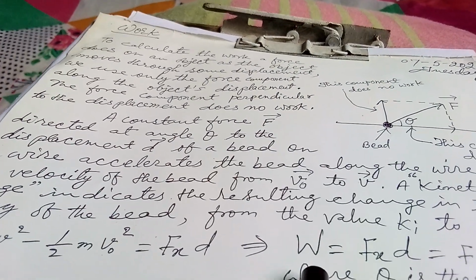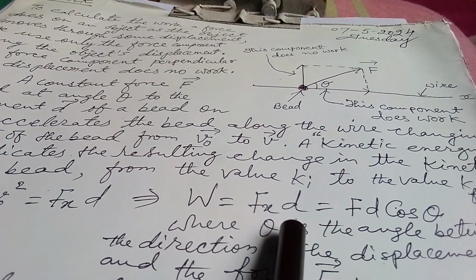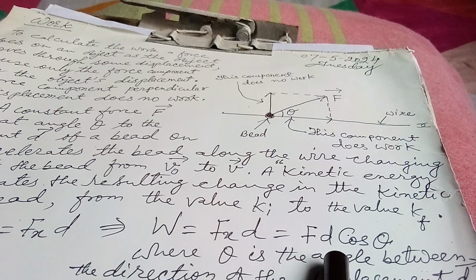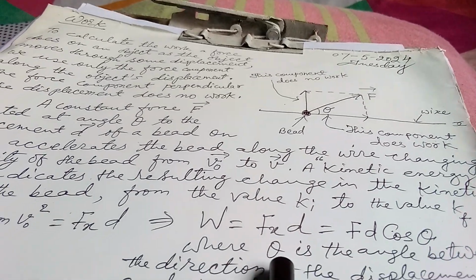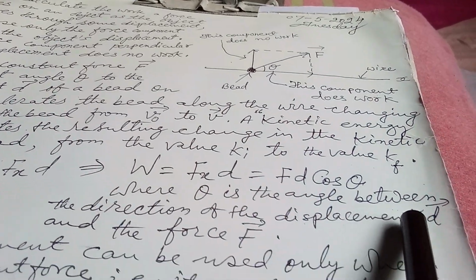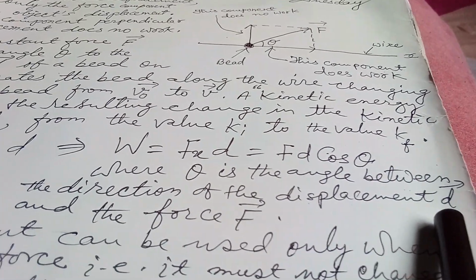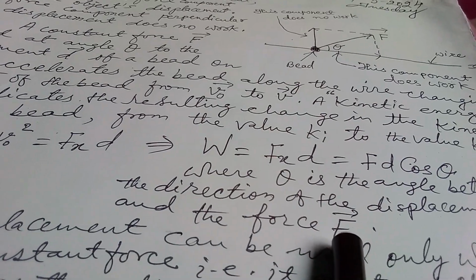This implies W equals F_x d, and this equals F d cos theta, where theta is the angle between the direction of the displacement d and the force F.